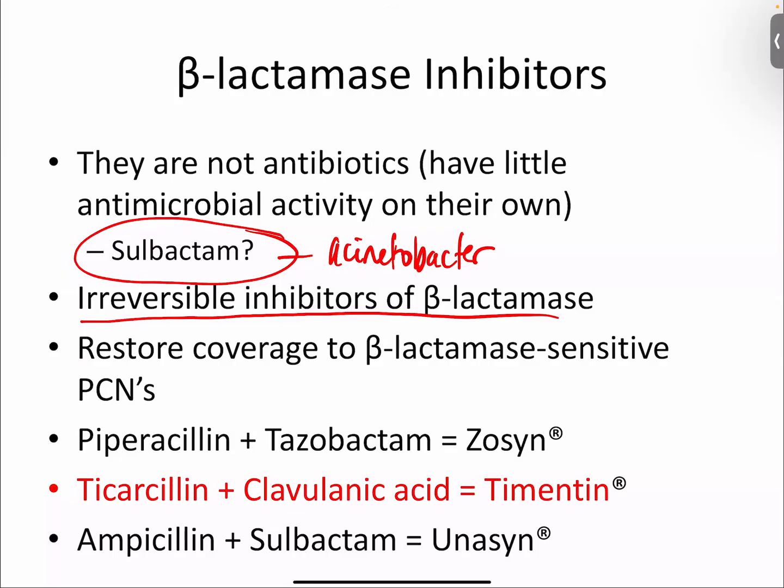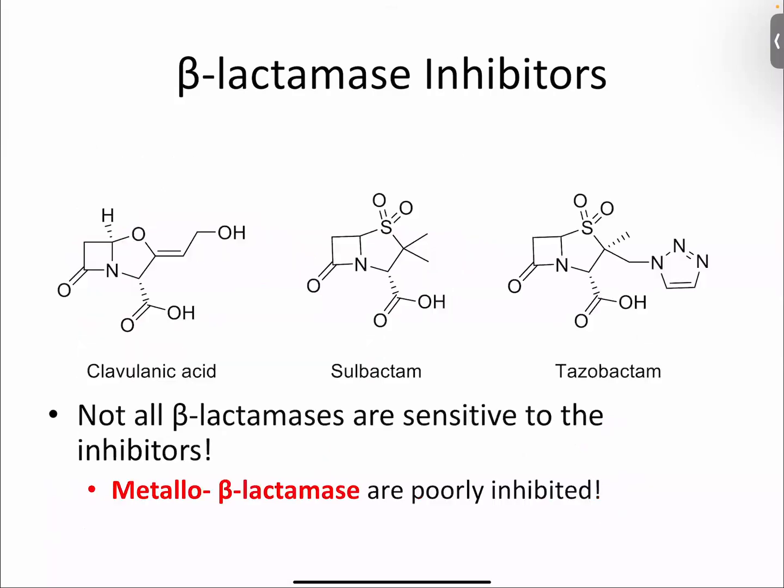And then that ought to then protect the beta-lactam of interest. And then here are the structures. You can see they all have a beta-lactam ring system, and then they open up and decompose in various ways to inhibit the enzyme of interest.